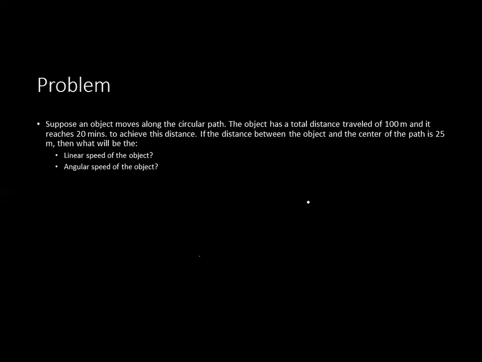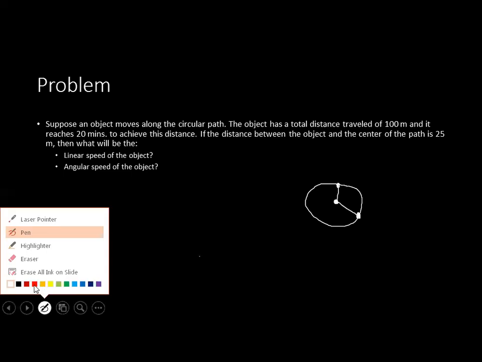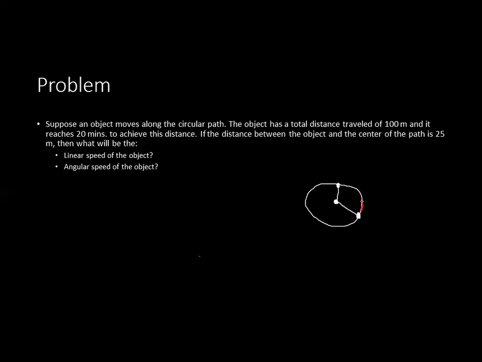The object moves along the circular path. Imagine that this is the center, and let's say the object starts from here and ends at this position. This arc is the distance. According to the problem, the total distance traveled is 100 meters.